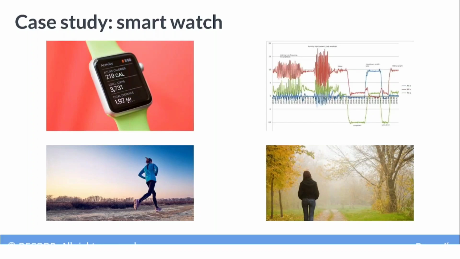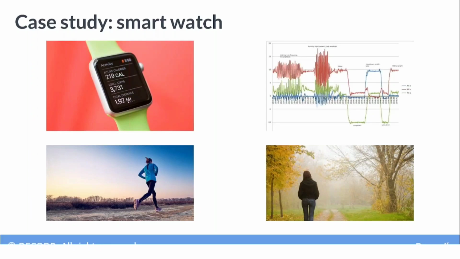So the data generated by this sensor is the basis of your machine learning problem. You could ask several volunteers to wear your watch and record when they are running or walking.